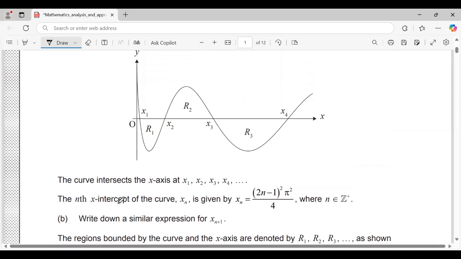The x-intercept of the curve xn is given by xn equals (2n minus 1) squared pi squared over 4. Write down the similar expression for xn plus 1. If this is xn, we are going to find the expression for xn plus 1.